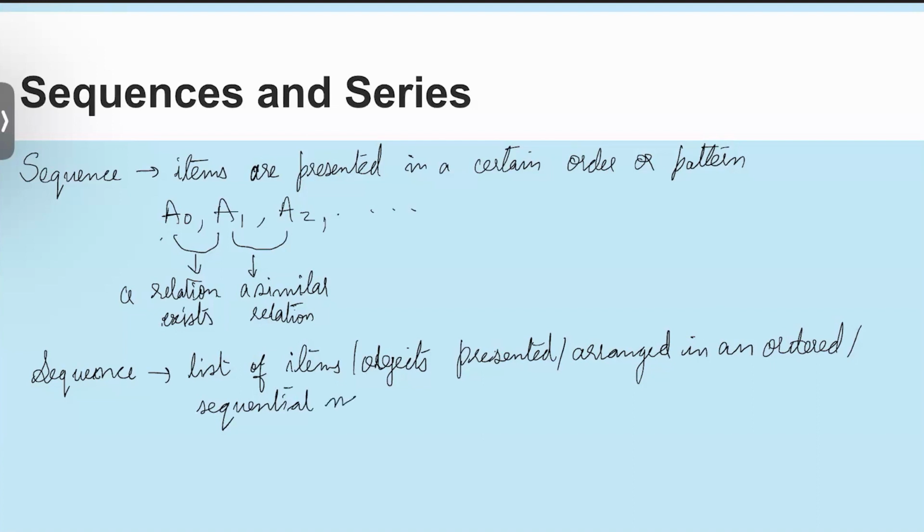With respect to sequences, there will be only a list. So you have A0, A1, A2, A3, and so on.